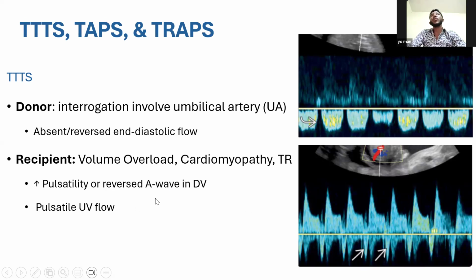Then what we see in the recipient is pulsatility or a reversed A wave in the ductus venosus. Not only in the ductus venosus, but also in the umbilical artery, we will see the pulsatility pattern. So here there is absence of the A wave in the ductus venosus in the recipient twin.